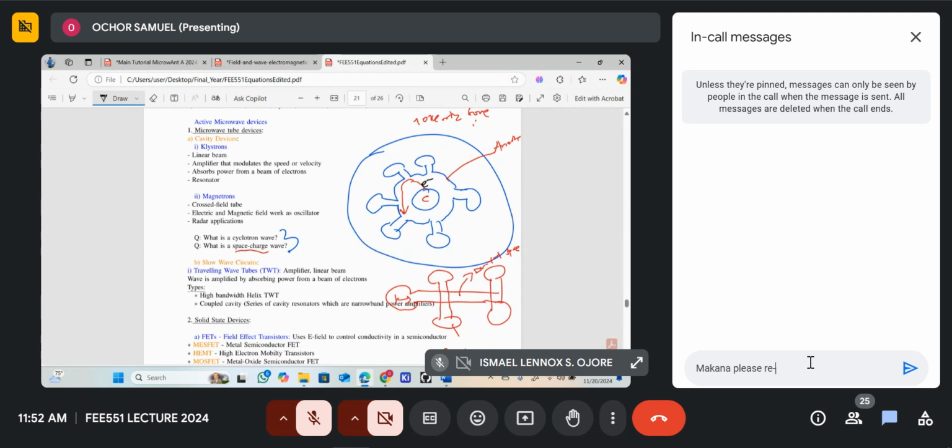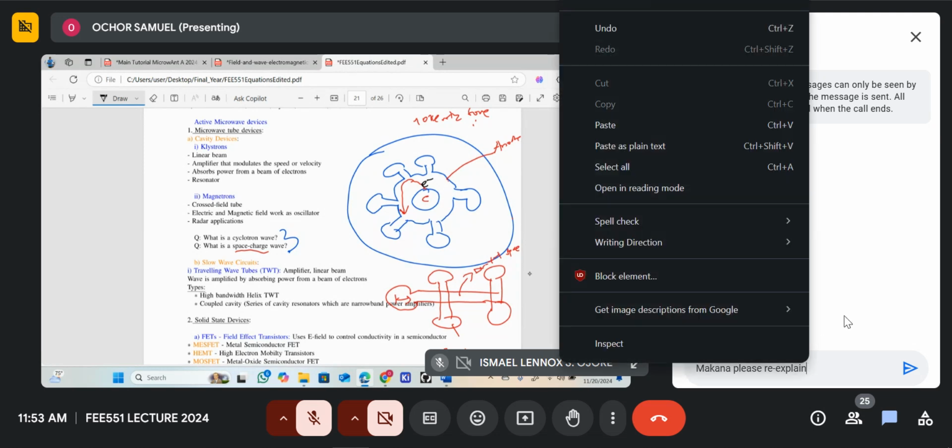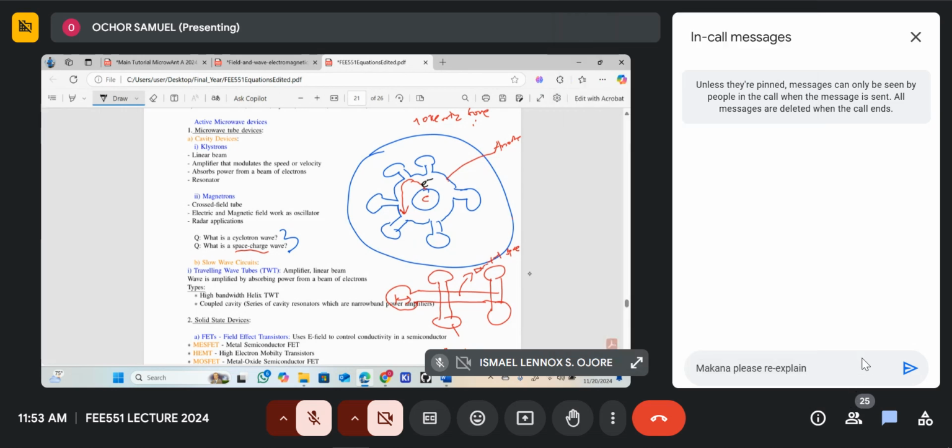These electrons will be attracted to the anode. But at the anode, there seems to be some form of magnetic field, which through Lorentz force will oppose the electrons and cause them to move kind of in this fashion.